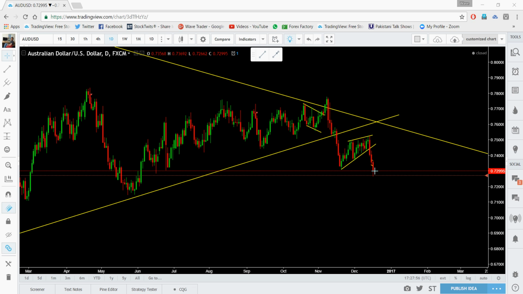If it forms something like this, then again we're going to look for continuation to the downside. So you guys need to watch your lower time frame. What kind of price action are we going to see? Either a corrective price action, or an impulsive price action. If we see impulsive price action, we will close our trade and we will look for a buy up to this place.